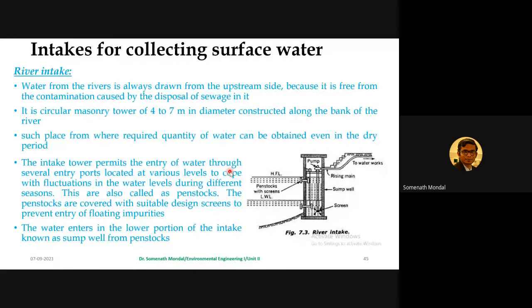Suppose you are not getting the depth which is required to ensure availability of water throughout the year. What can be done is you create an approach channel, and then you construct this intake structure, and thereby you can ensure availability of water throughout the year, because you are creating sufficient depth where water will come and get stored, and that can be collected periodically.